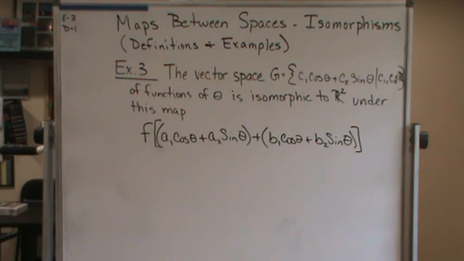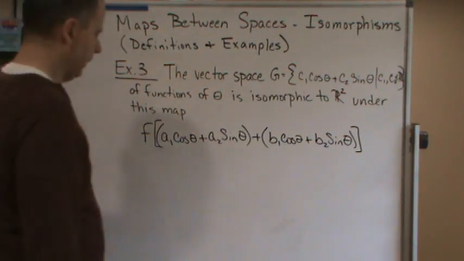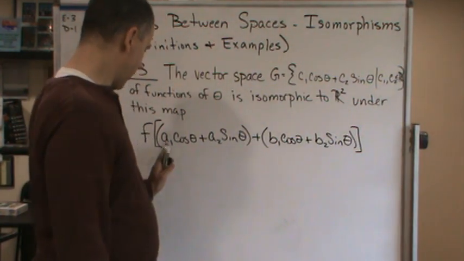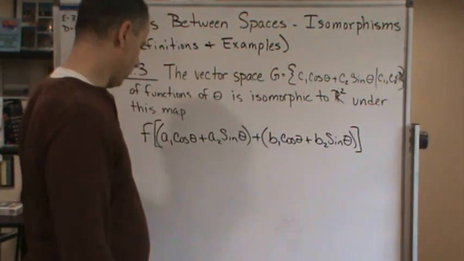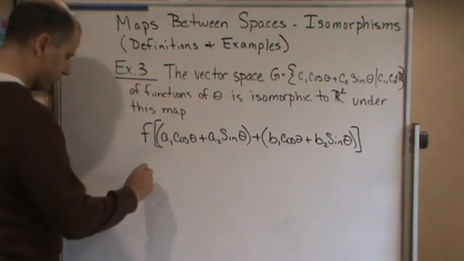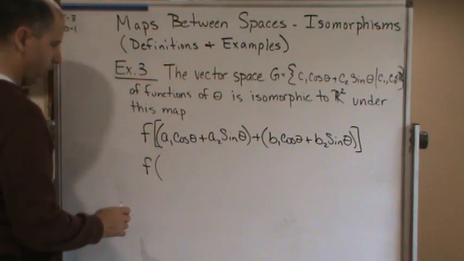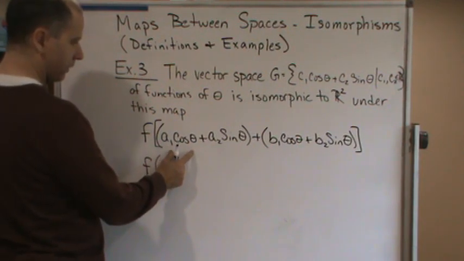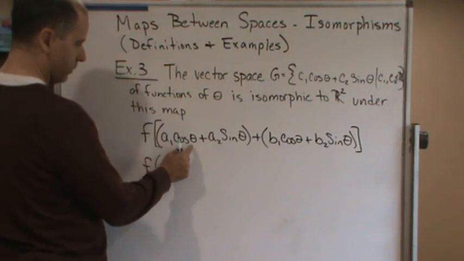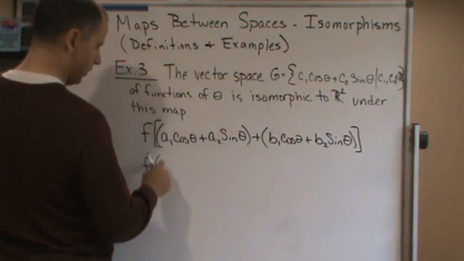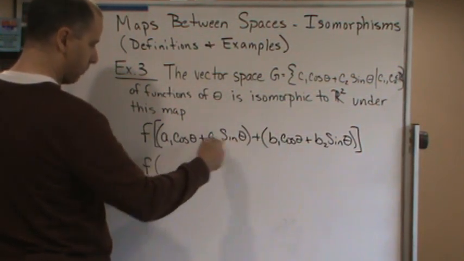Now we're just going to simplify this. Because it's a bunch of sums, we can use the commutative property. I'm just going to match up the like terms. So we've got cosine theta and cosine theta here, so we can drop the inside parentheses.